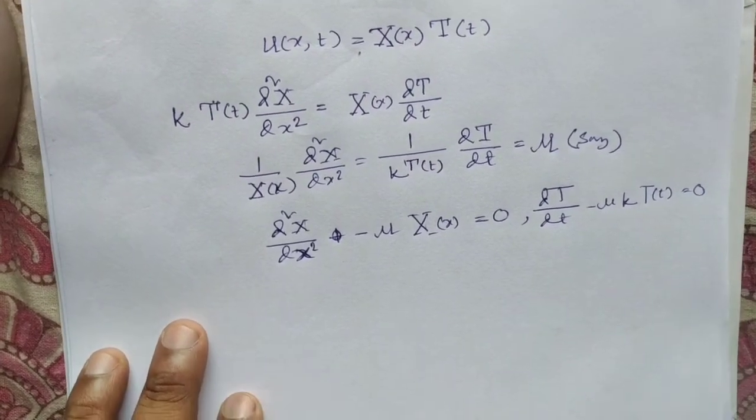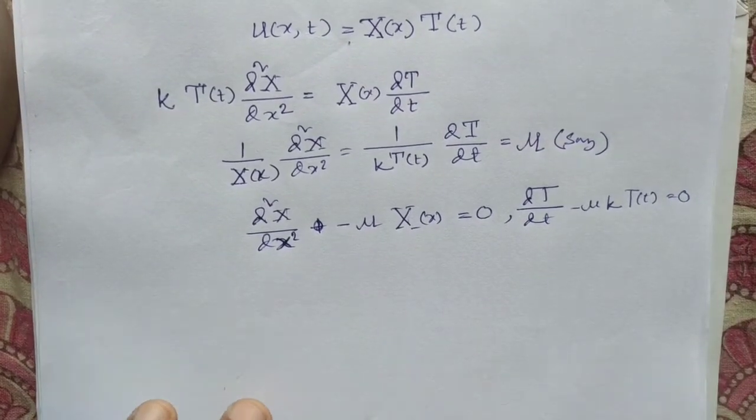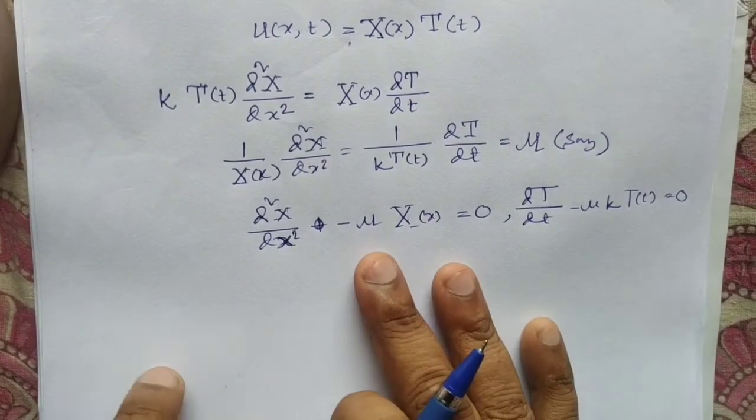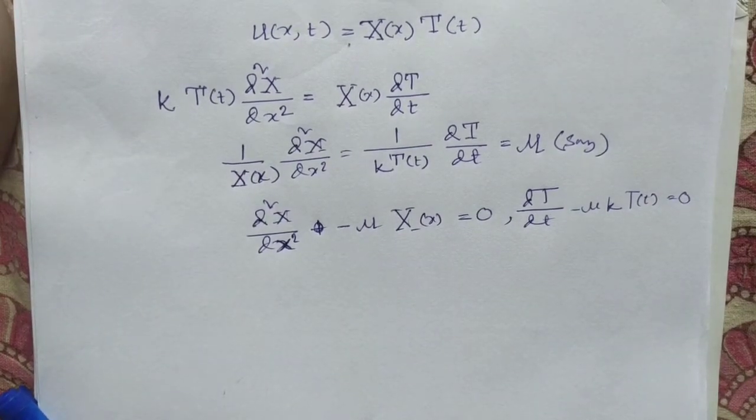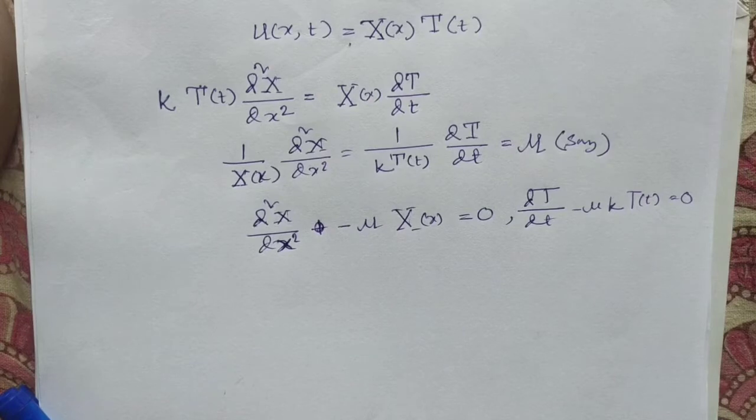These are the two equations you obtained. Now we will solve the first one. The point is, your mu can be 0, positive, or negative as well. So we are at the door of solving an eigenvalue problem.